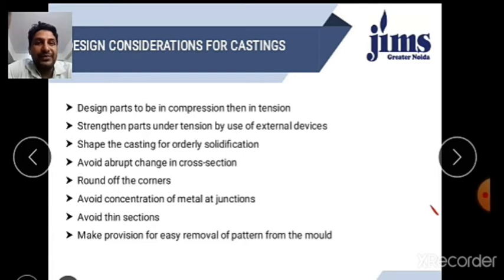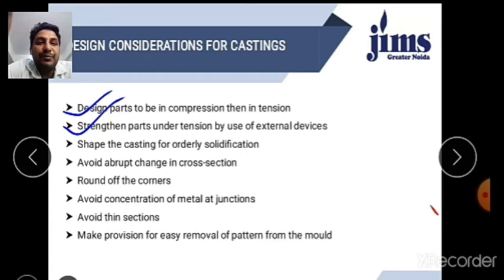And if some parts have to be used in a tension situation, then you should strengthen them by adding some external devices. So that is another point which you should consider. These are the first two points.